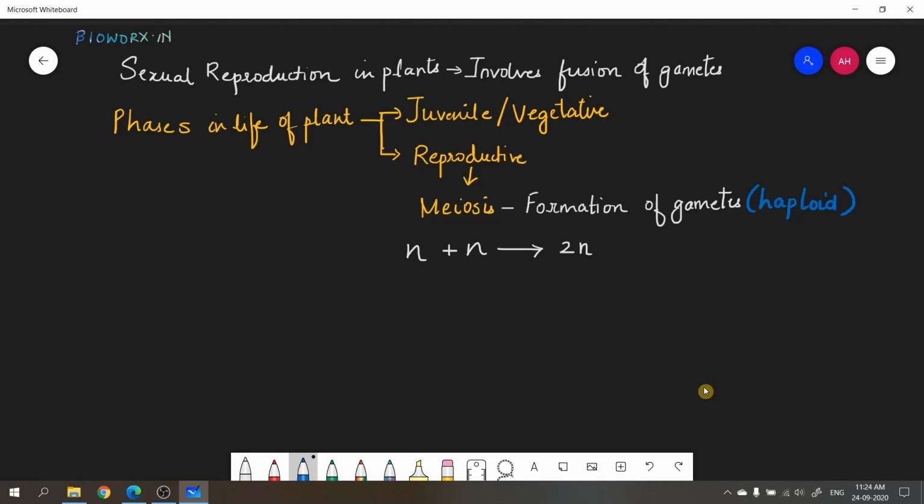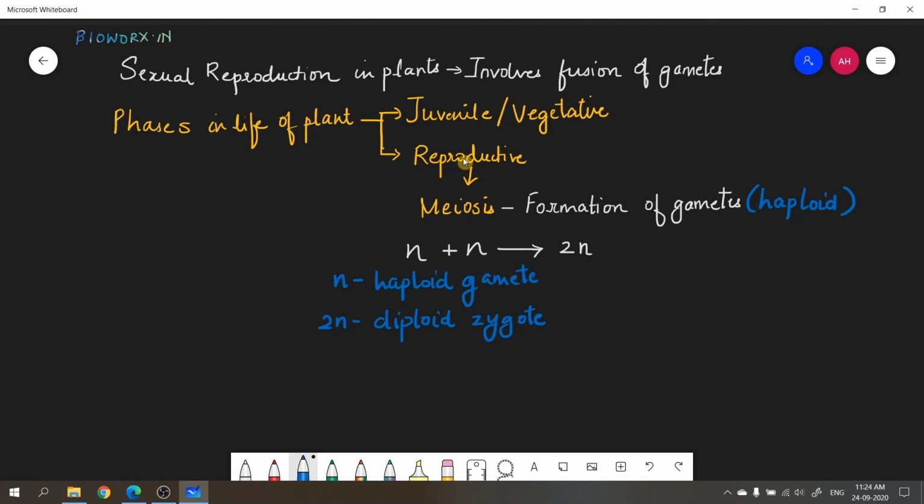So over here, N is a haploid gamete, whereas 2N is a diploid zygote. So formation of gametes as well as fusion of gametes can take place in the reproductive phase in the life of a plant.